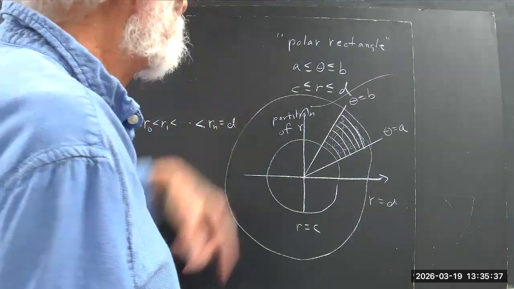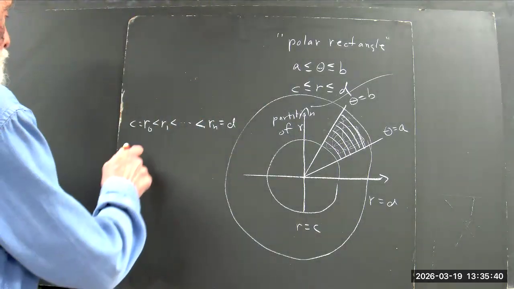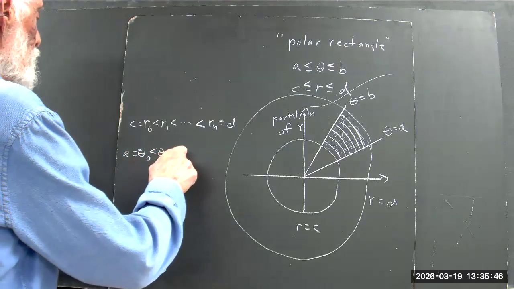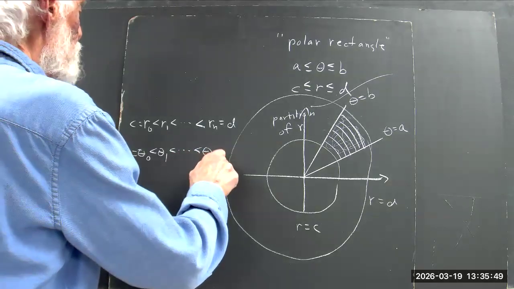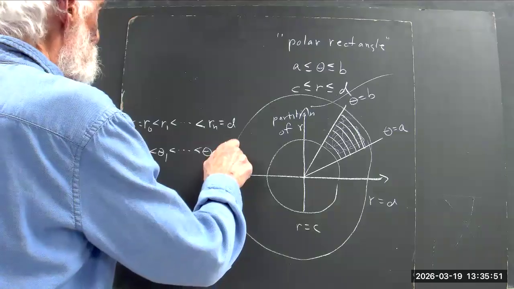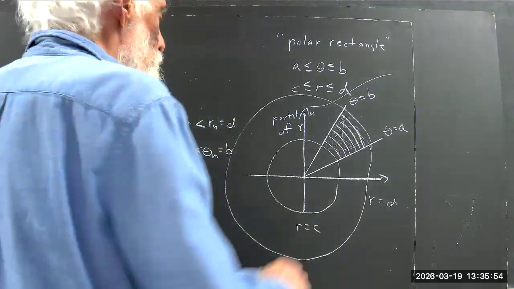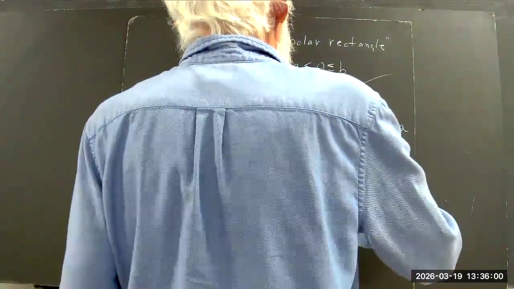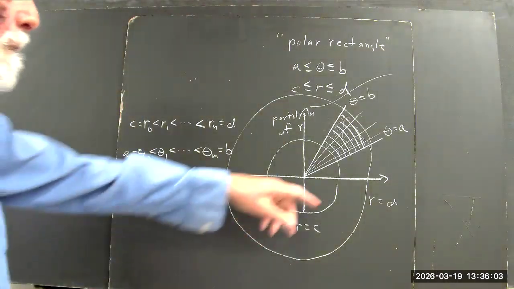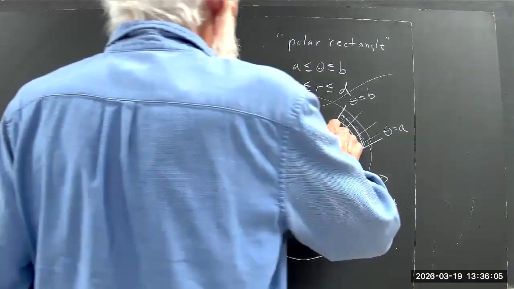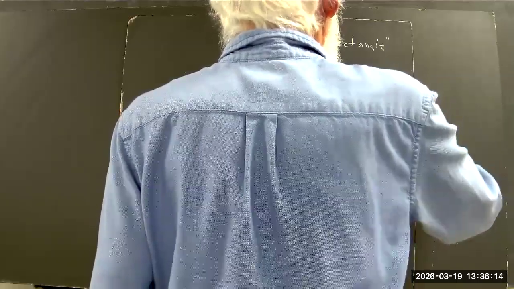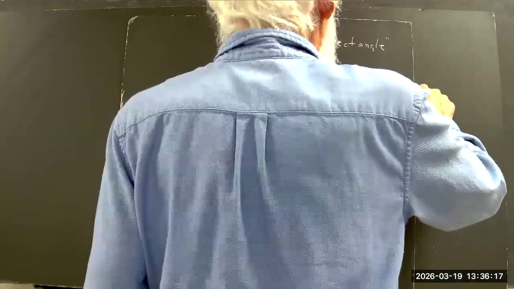If we partition theta, well, you know, we're going to have A equals theta naught less than theta 1, less than, et cetera, all the way up to theta sub m equals B. Well, that means we're just going to have a bunch of straight lines here. So we partition R like this, and here's our partition of theta.